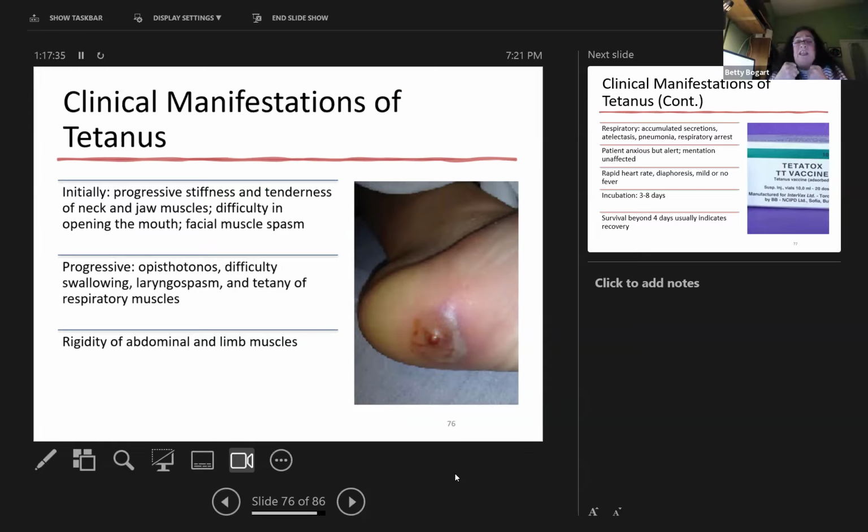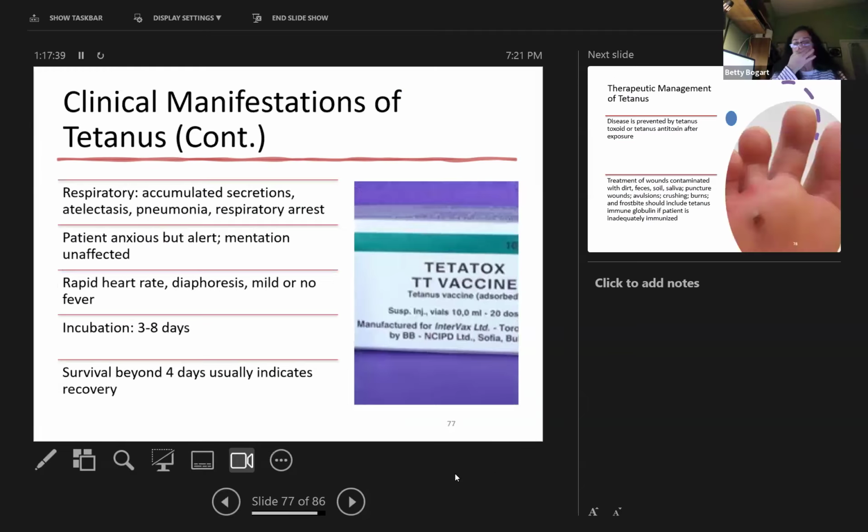Okay, stiff, tight, painful muscle cramping. So these children are the sickest. If they last for 4 days, they probably are going to recover. Most don't. That's how bad it is.